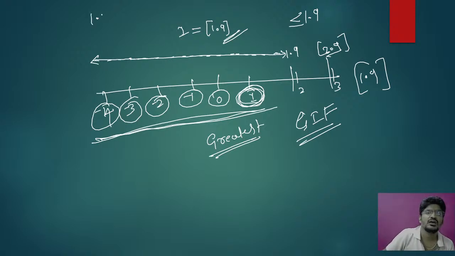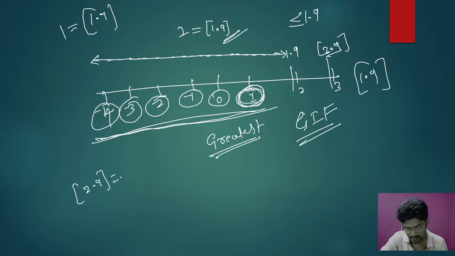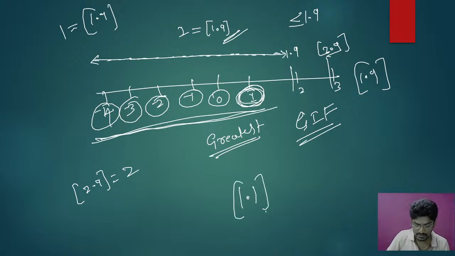For 1.9 it is 1. Then for 2.9, it is 2. What is it for 1.1? Very good. 1. Okay.